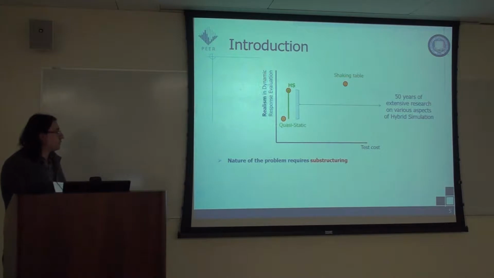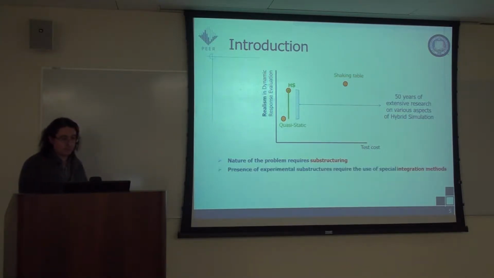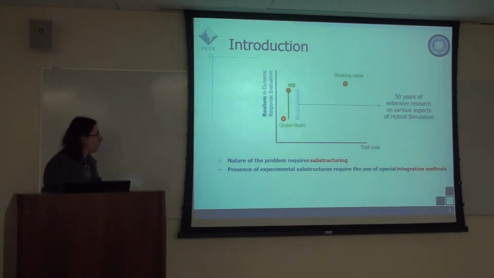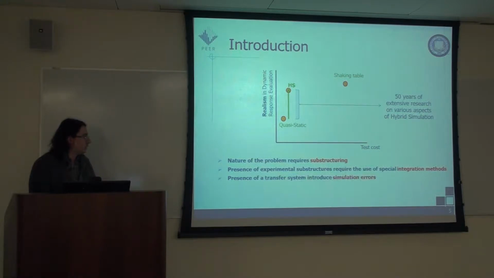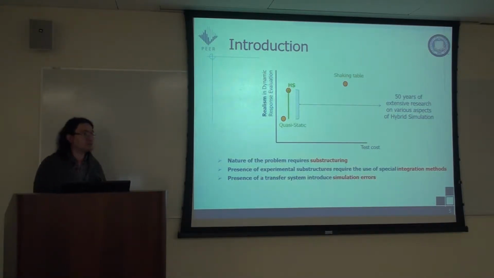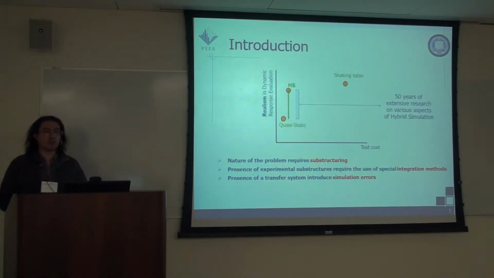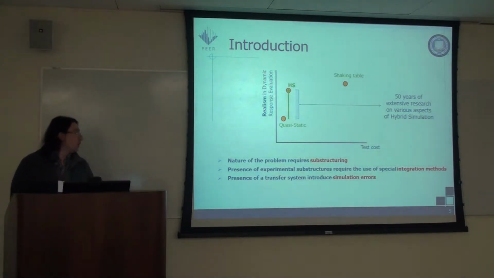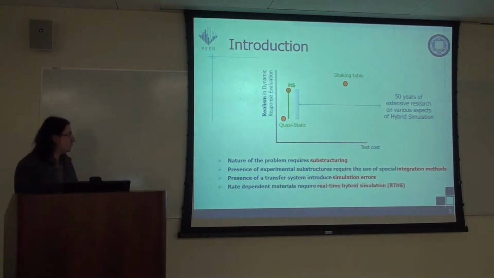First, the nature of the problem requires substructuring, and the presence of experimental substructures in the domain requires the use of special integration methods. We cannot use all the integration methods directly. And also the presence of a transfer system, the controllers and the actuators and so on, introduce simulation errors.